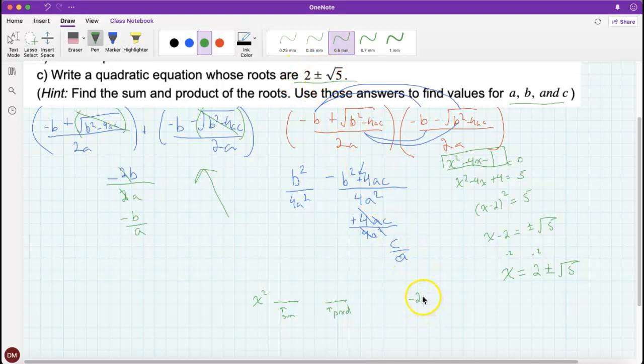Okay, so -2 plus root 5, and I'm going to take the sum, add that there, -2 minus root 5. Okay, so if I add those together, that's -4, and then these parts just equal 0, right? So this is our sum.